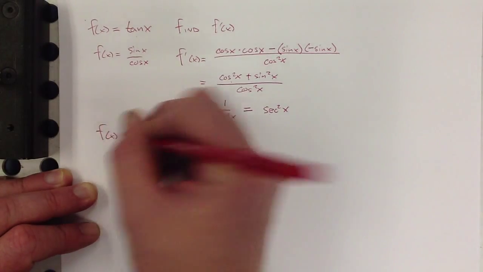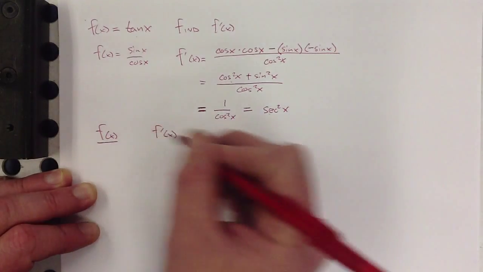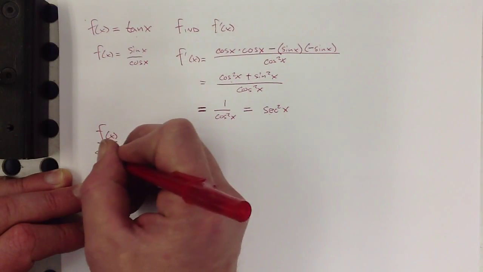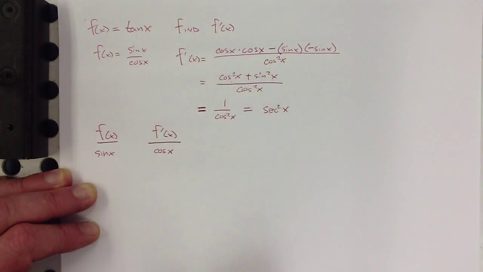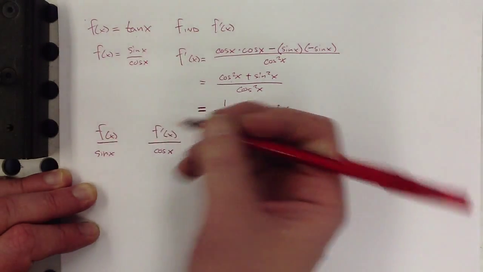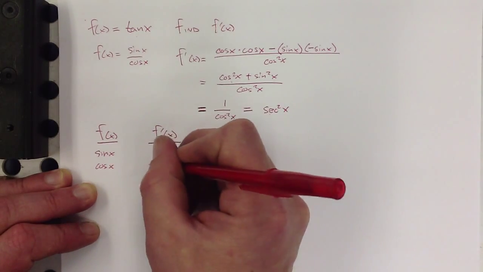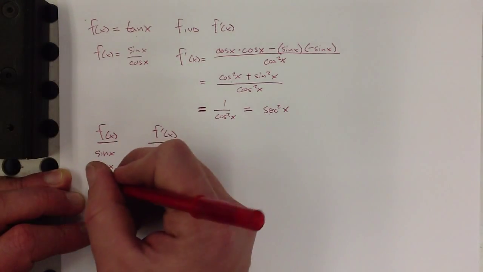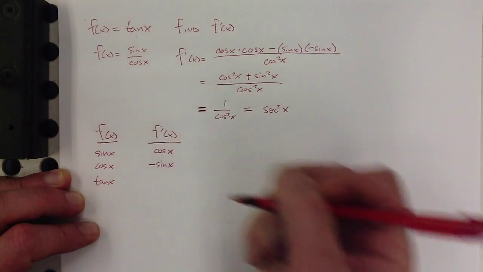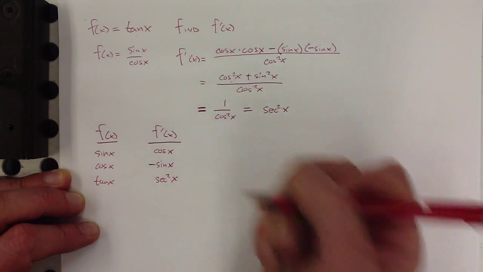So if f of x is sine x, what's the derivative? Cosine x. If f of x is cosine x, then the derivative is negative sine x. If f of x is tangent x, then the derivative is secant squared x.